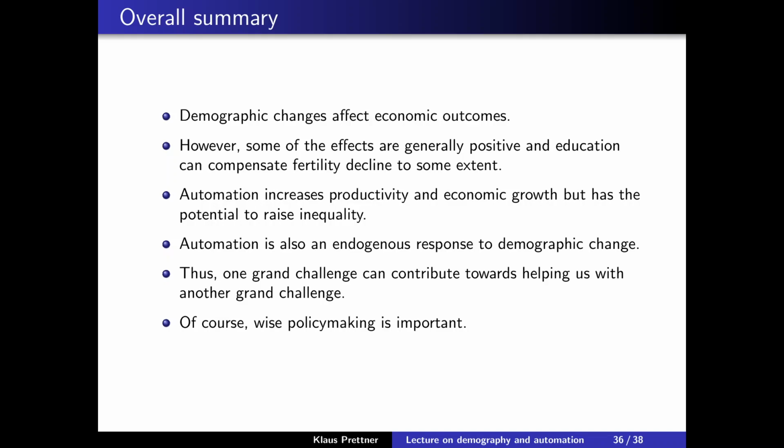Declining fertility can also lead to increasing economic growth in the short to medium run when it incentivizes education, but in the very long run it may indeed lead to a slowdown of economic growth. However, automation can be an endogenous response to demographic change, and so one of these grand challenges, automation, could be helpful in solving the issues related to the other, namely demographic change.